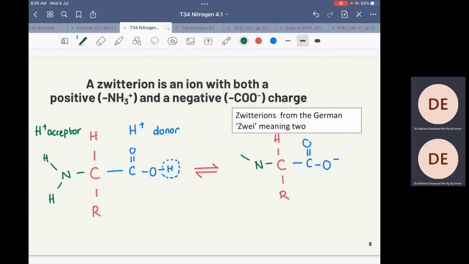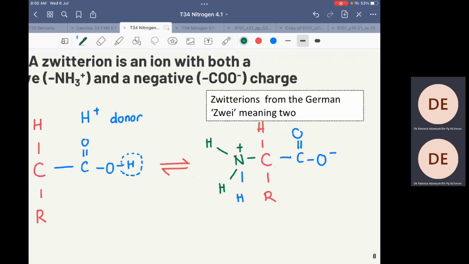My amine group now becomes ammonium. Okay. Do you learn this in bio? Internal transfer, nada. Okay, that's fine.